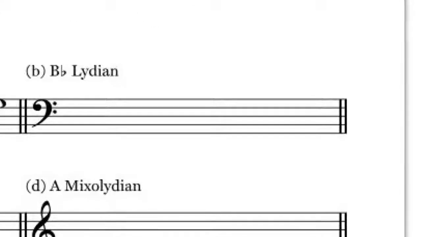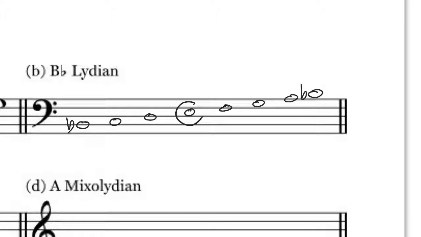So let's talk about the B-flat Lydian scale. So let's, as always, write your scale. Okay, so we have B-flat, B-flat, okay. And Lydian is a major scale where you raise the 4th scale degree, okay.